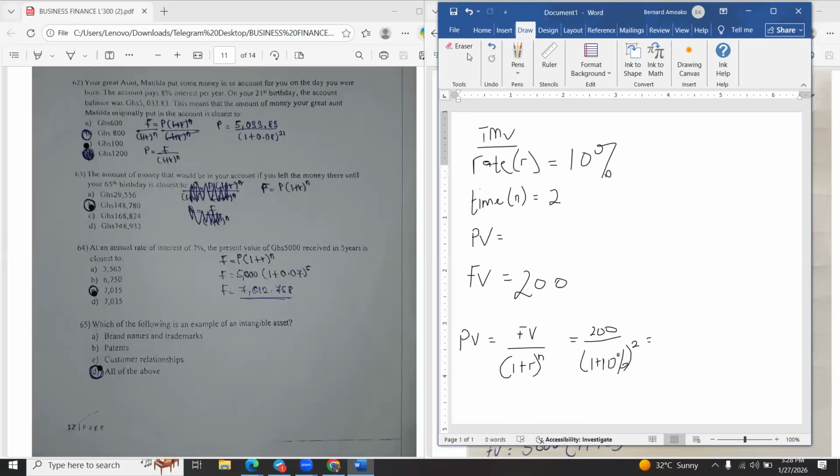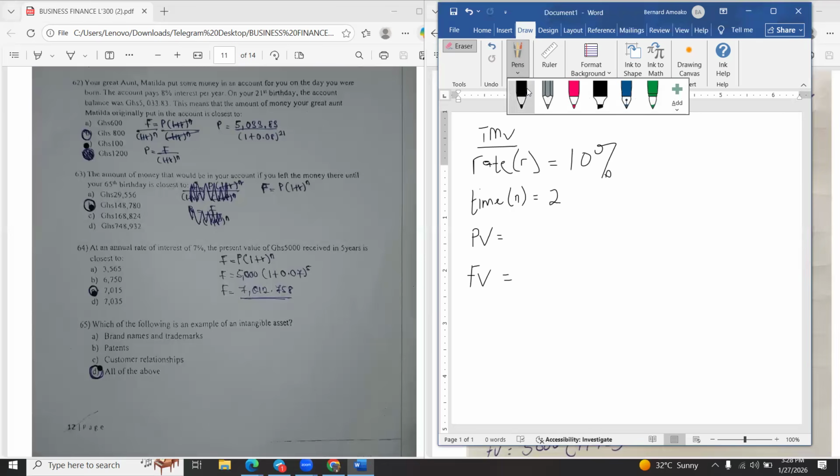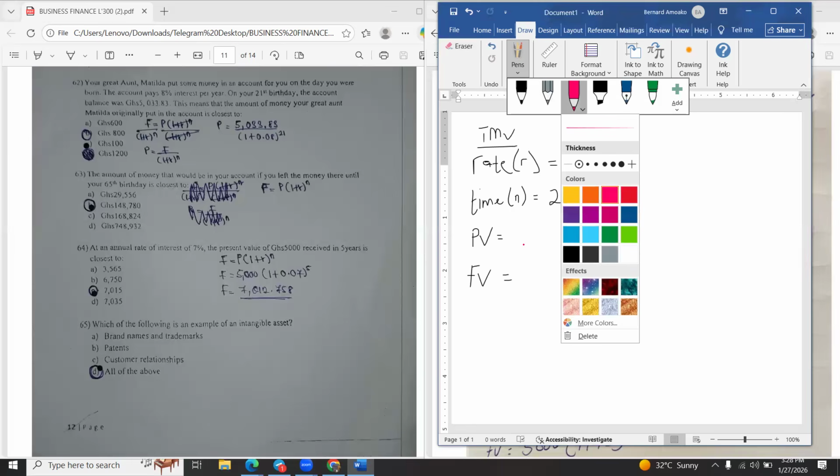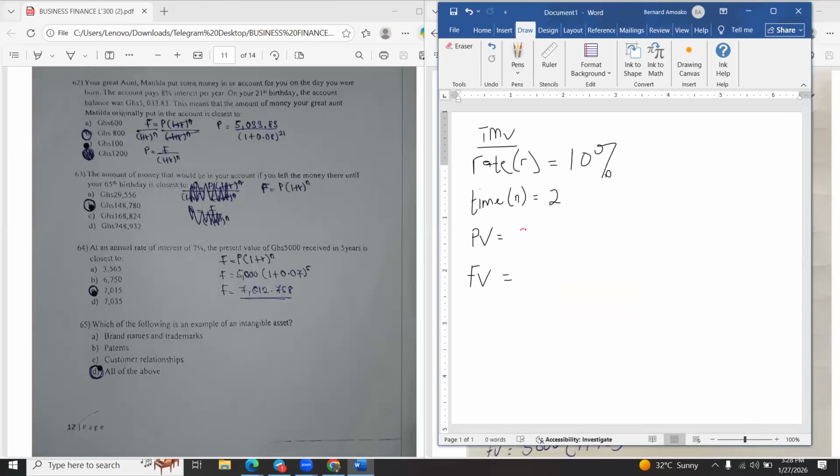How about future value? When we say future value, we are looking at a situation whereby a friend wants to give you 200 cedis now, but you want to know the value of that 200 cedis in 2 years' time so that you might be able to keep it in your investment. Currently your friend is giving you 200 cedis, but you also want to invest it into an investment that will be paying you an interest of 10% for 2 years.